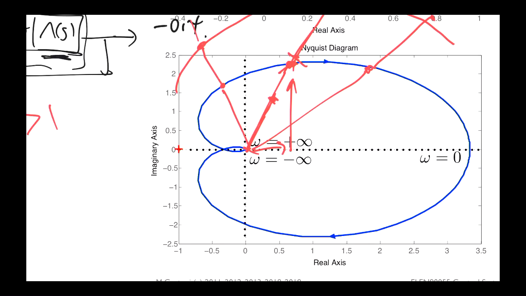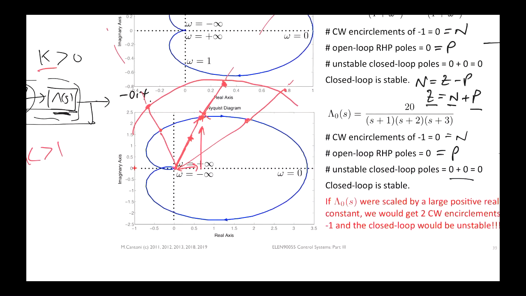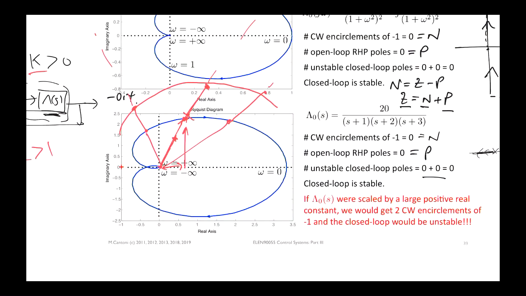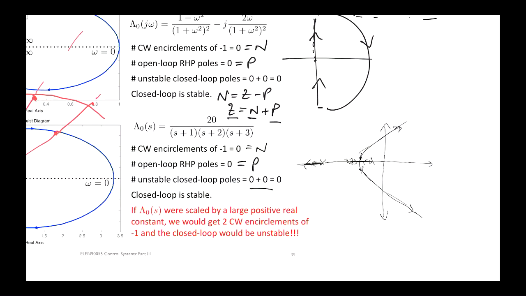And so if we're getting n equal to 2 and we've got p equal to 0, then we're going to get z equal to 2, and z is the number of closed loop poles in the right half plane. So if we scale this up by a sufficiently large constant, we'll end up with 2 unstable closed loop poles. And that's consistent with what we would see by doing root locus analysis, right?